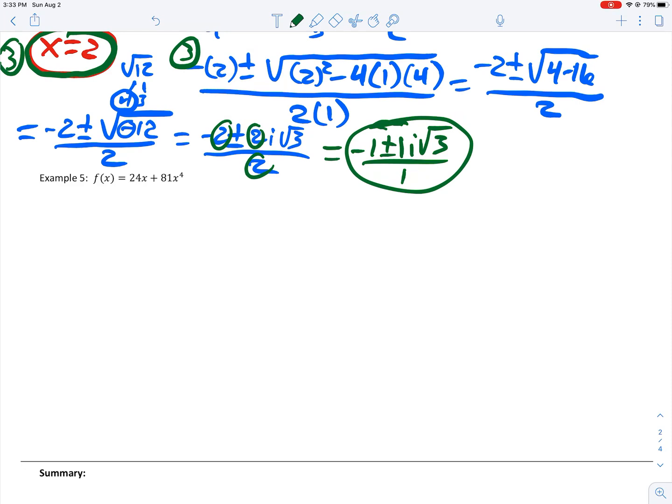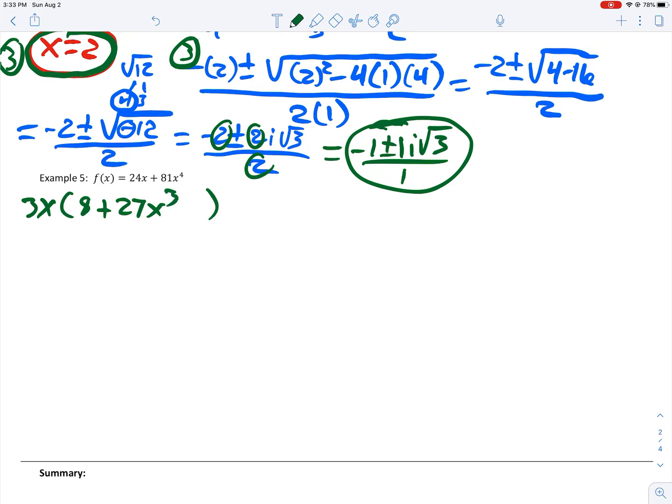Okay, now if you're looking at 5, 24 and x aren't perfect cubes, so that means there's probably a GCF. 24 and 81 are both divisible by 3, and there's an x. So I can factor out a 3x.